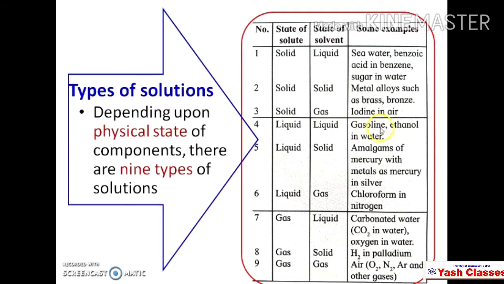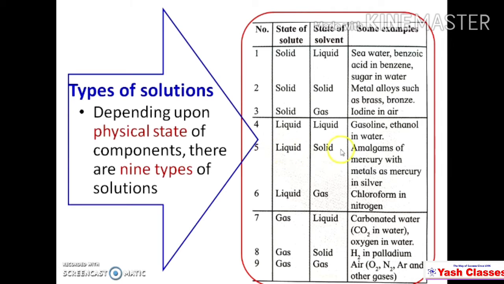Again, basically petrol or gasoline contains different liquid state hydrocarbons, lower hydrocarbons like methane, propane, butane or hexane, like that. So there are 2, 3 or more liquid hydrocarbons, a mixture of liquid hydrocarbons, and therefore gasoline itself is a liquid type of solution.